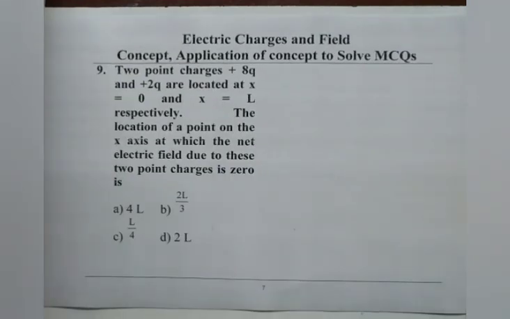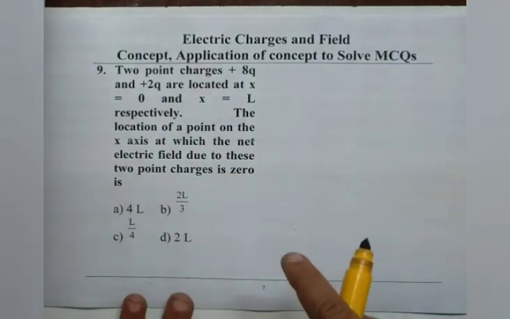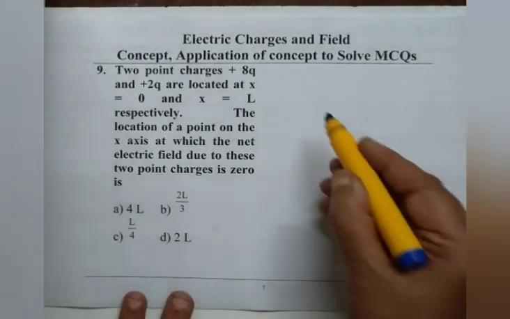Two point charges plus 8Q and plus 2Q are located at x equals 0 and x equals L respectively. The location of the point on the x-axis at which the net electric field due to these two point charges is 0. Just now I said it is the calculation of the null point or neutral point. We write the figure.